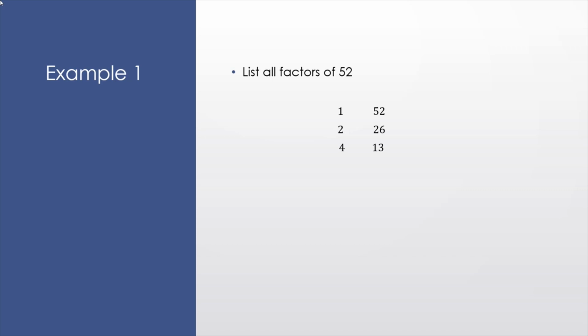So that's how you would list out all the factors of a number. You can go on further, but notice that 13 is prime, so you can't take anything more out. So those are your factors: 1, 2, 4, 13, 26, and 52.